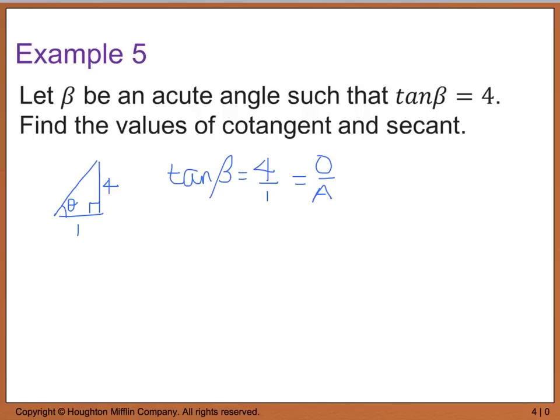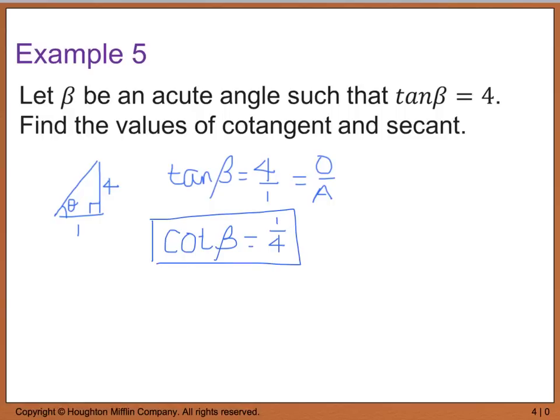Using the Pythagorean identity, actually let's not go that route. Let's use our trig identities right now. We know from our trig identities that tan beta equals 4, which means that cotangent of beta has to equal the reciprocal of 4, or 1/4. So I was able to solve for cotangent pretty easily.